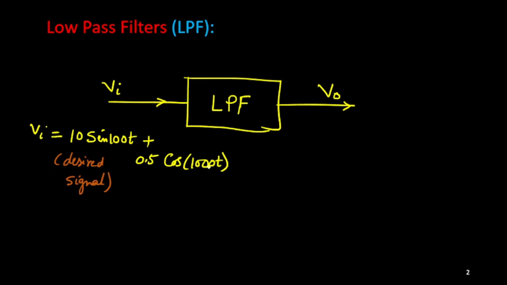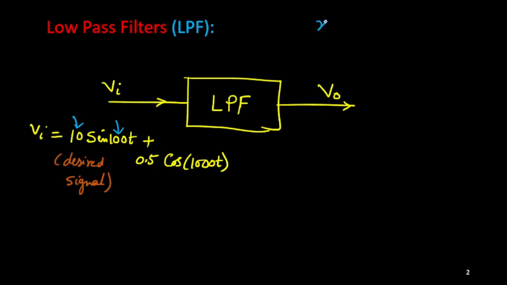Clear? So we have one signal 10 sin 100t, and another signal with magnitude 0.5 and cos 1000t. For the desired signal, this is the amplitude, and this one is the angular frequency.